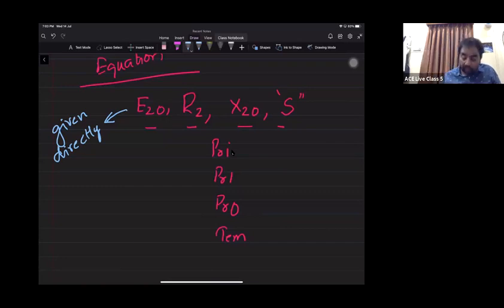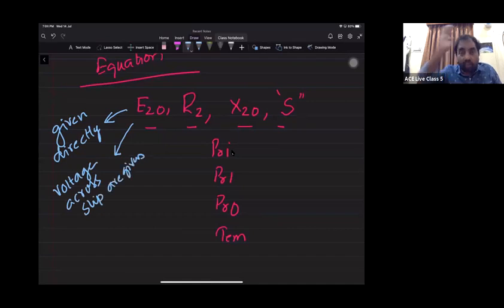The other possibility is that this E2 naught may not be given directly, but the voltage across slip rings is given. Then using that you have to calculate E2 naught. I think this is clear. Confirm me.